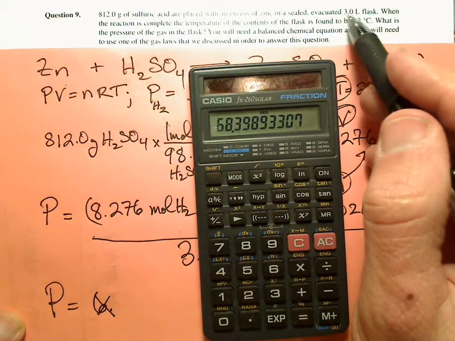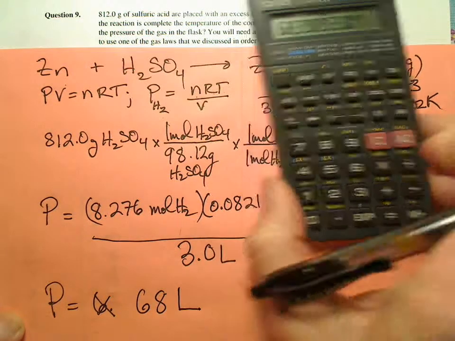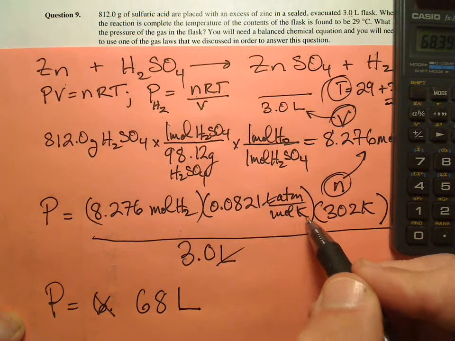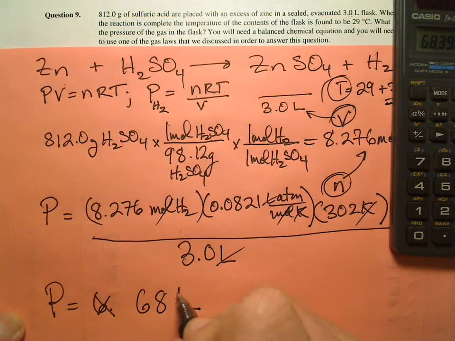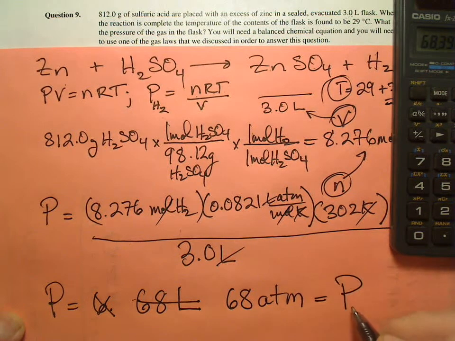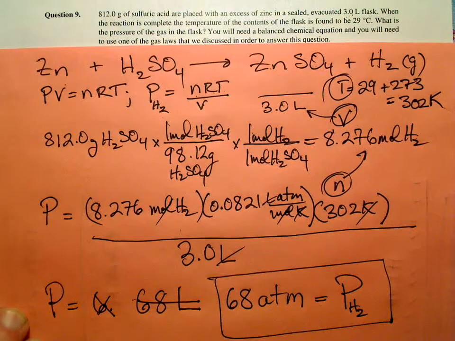It looks like 2 sig figs, so we'll call it 68 liters. I'm sorry, it can't be liters, that's volume. Let's check our units. Liters cancel with liters, K's and K's, moles with moles. We're left with atmospheres. So it's 68 atmospheres. That's pretty high pressure. There you go. That's the pressure inside the flask when we're all done.